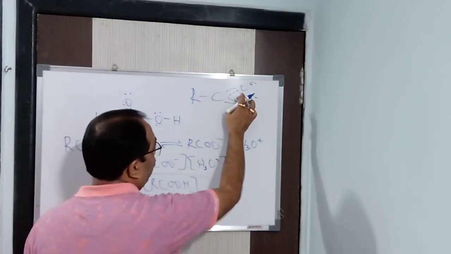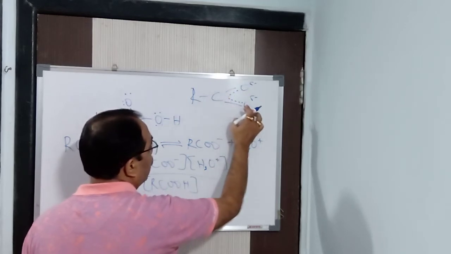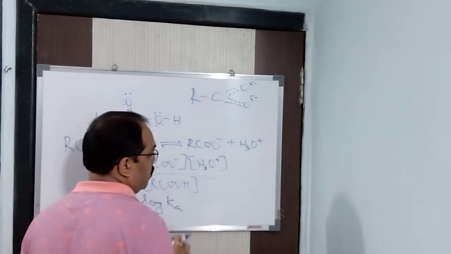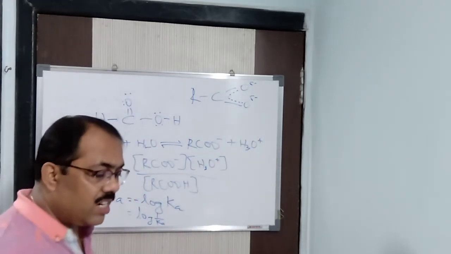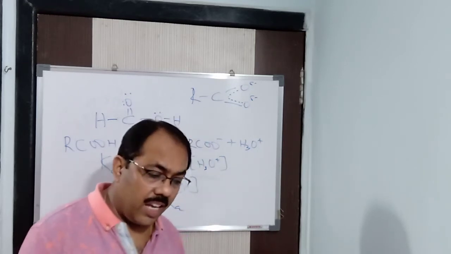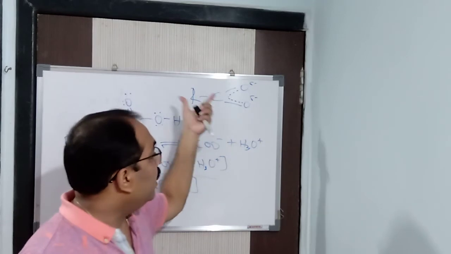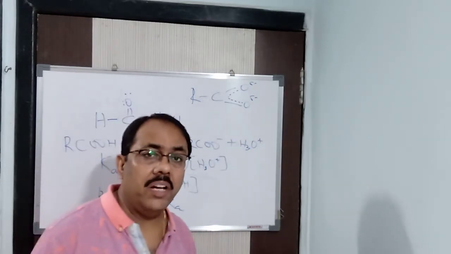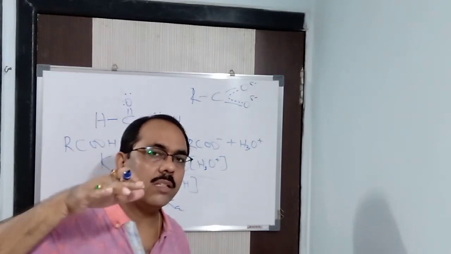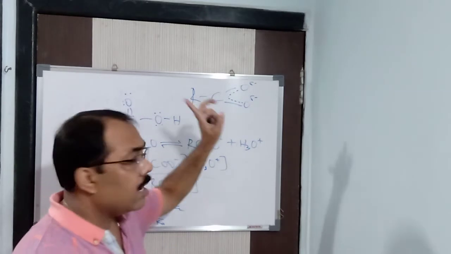The more electronegative atom, oxygen, contains the negative charge, and it is delocalized. When charges are delocalized, energy is distributed, less energy remains in the compound, and lower the energy, higher the stability. So in the case of carboxylate ion, this happens.